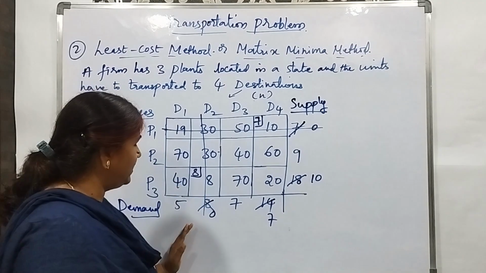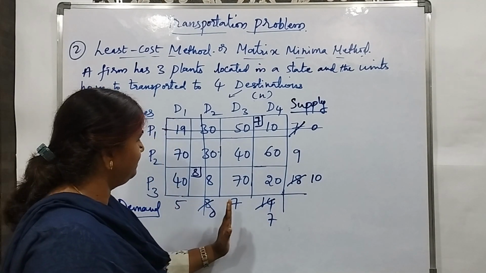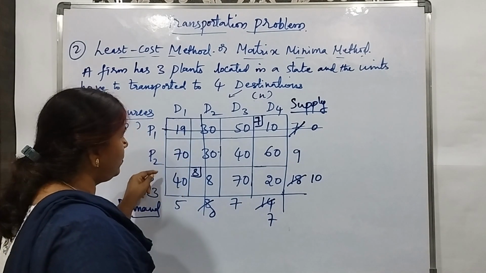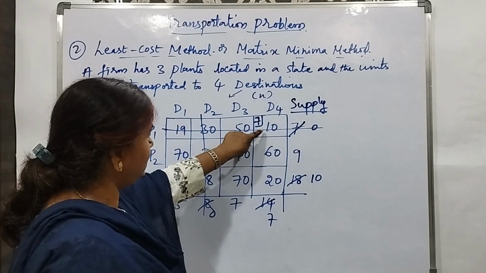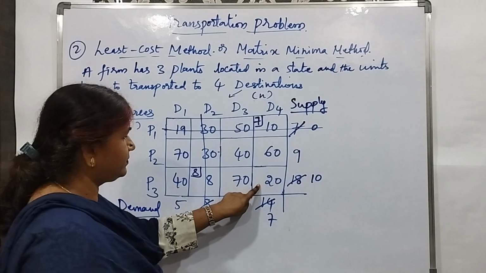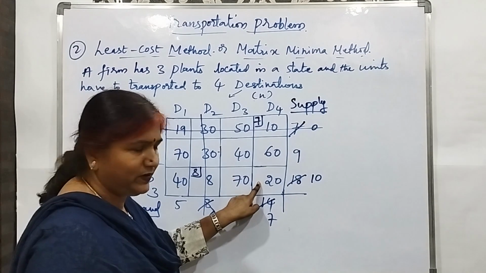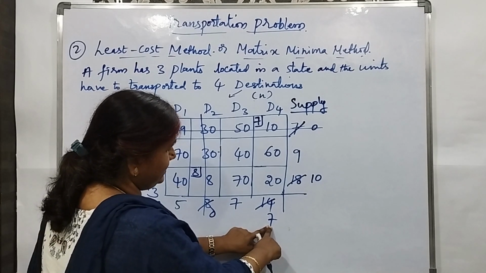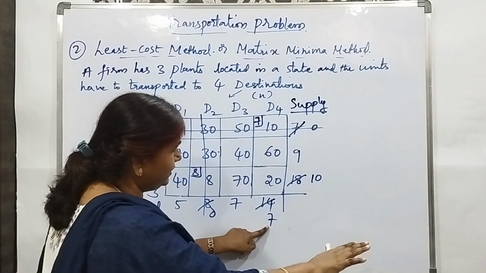So what columns and rows are available with us? The first column, third column and fourth column are available, and the second row and third row are also available. Okay, now after 10, we have 20, the next least cost. Here, if we allocate 7 here, 7 plus 7, 14, so it is going to get ruled out.